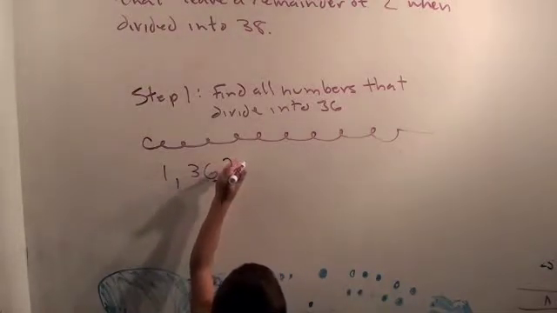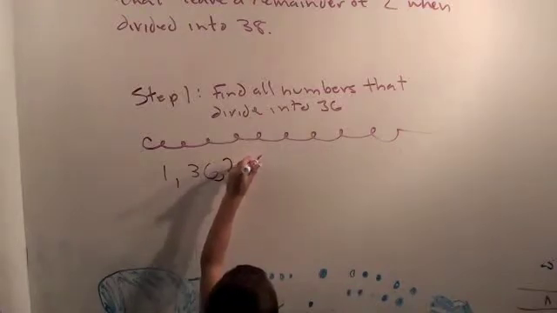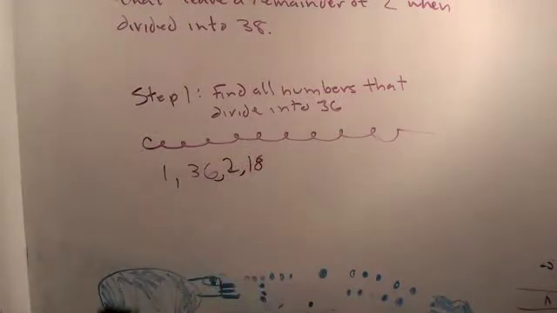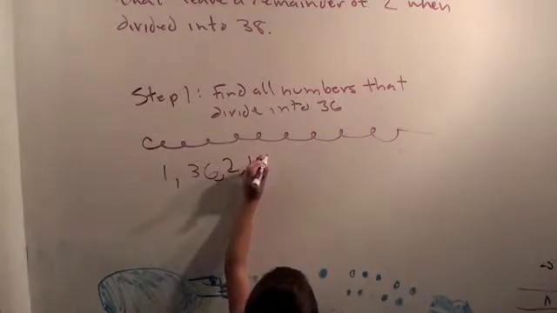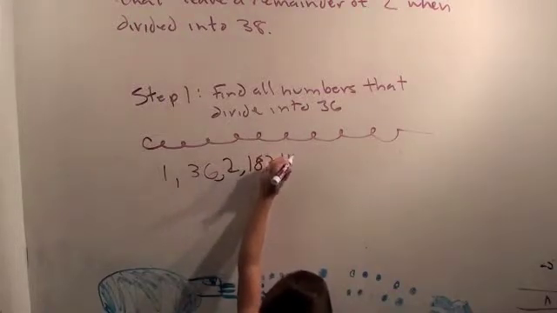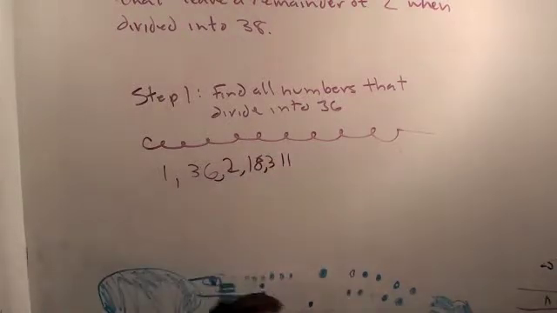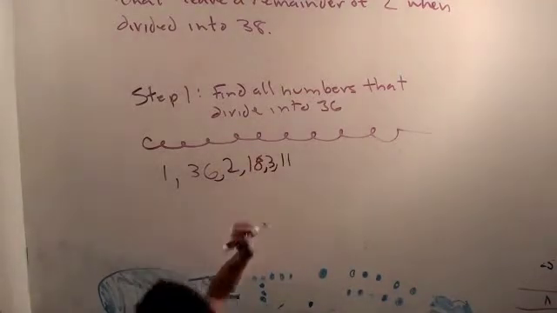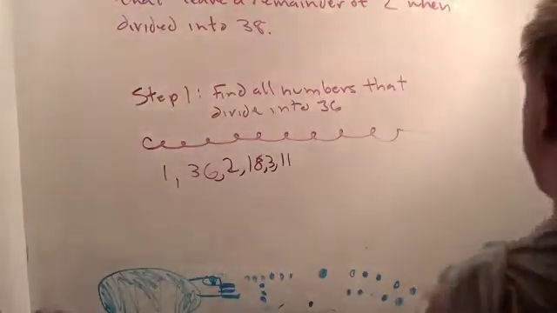2 and 18. Okay. Well, 3 is not going to work. Why not? Well, because 36. Actually, it is going to work. So it's 3 and 12. Where's my eraser? 3 and 12.